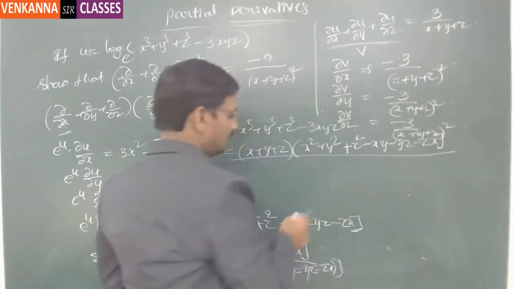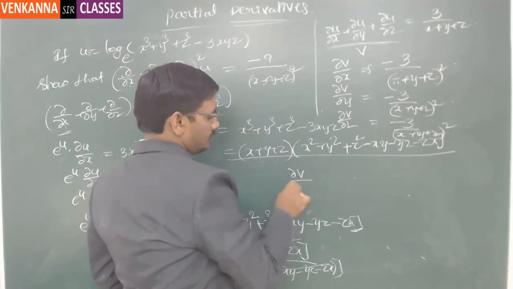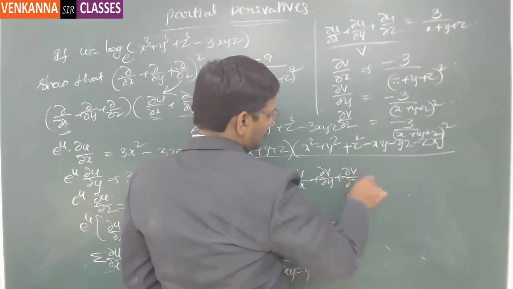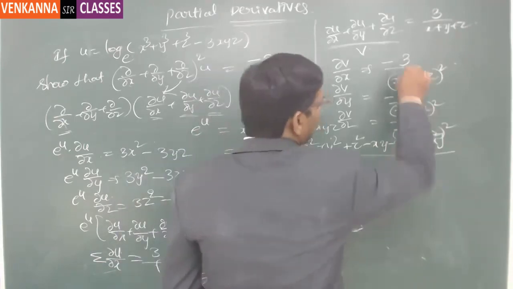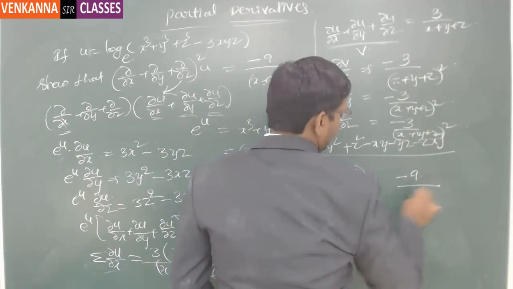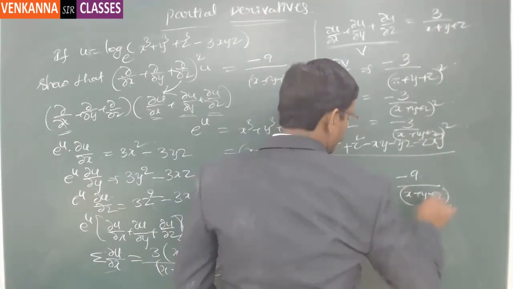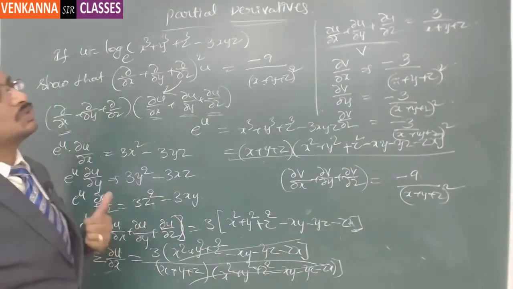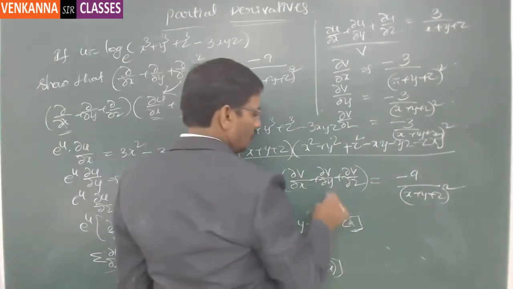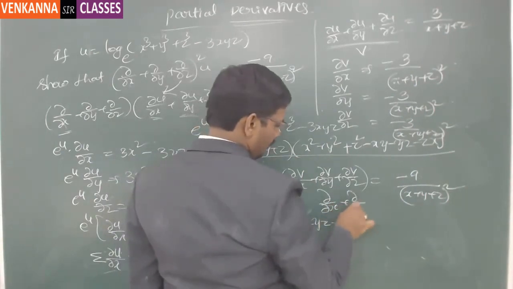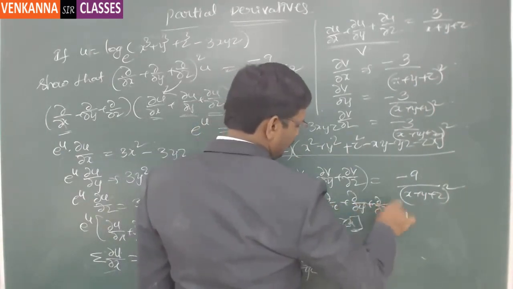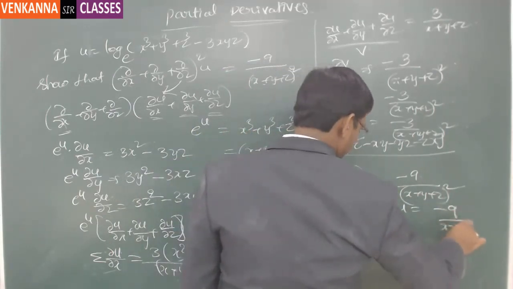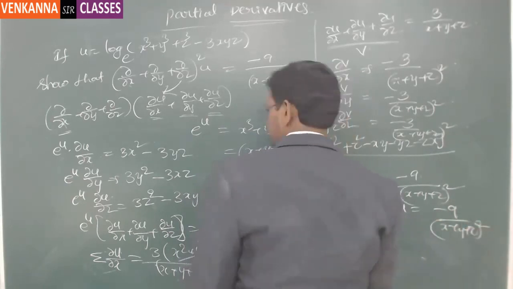Now, the sum of all these things, that is ∂v/∂x plus ∂v/∂y plus ∂v/∂z is equal to minus 3 minus 3 minus 3, minus 9 divided by (x plus y plus z) whole square, where v is nothing but ∂u/∂x plus ∂u/∂y plus ∂u/∂z. That means (∂/∂x plus ∂/∂y plus ∂/∂z) squared of u is equal to minus 9 by (x plus y plus z) whole square.